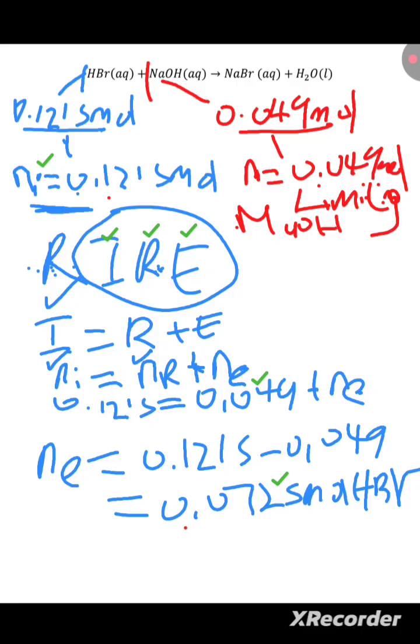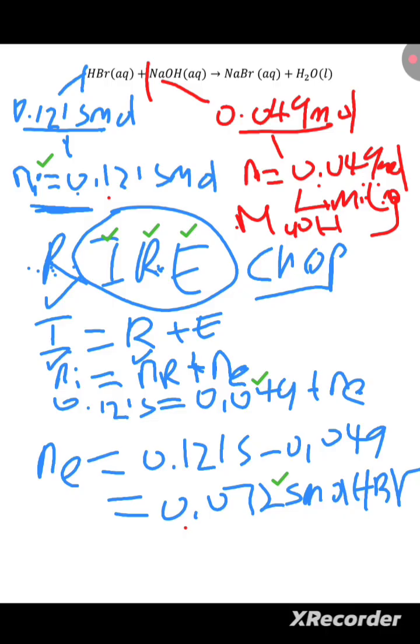Now, I said after the word RICE, there is the word CHOP or COOK. But in this case, we are going to use CHOP. The reason we use CHOP is because we are calculating the pH of an acid, because the acid is the one that is in excess, which is HBr. So we are going to follow the CHOP method.